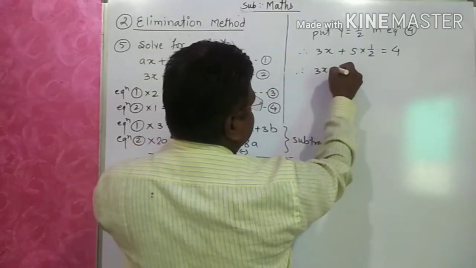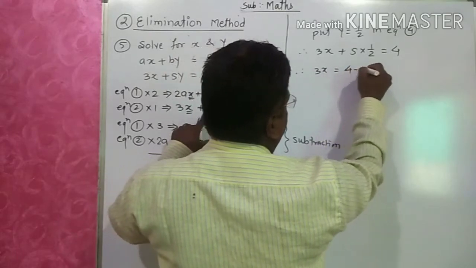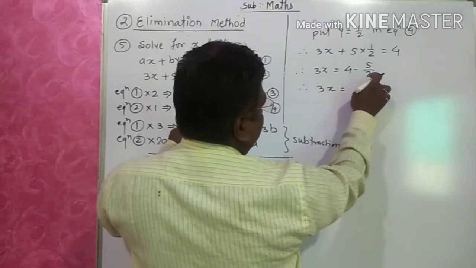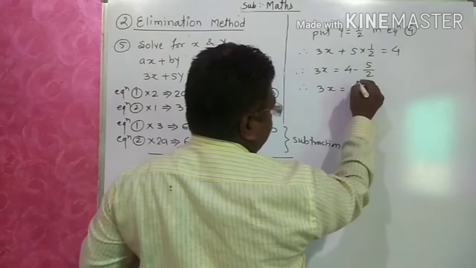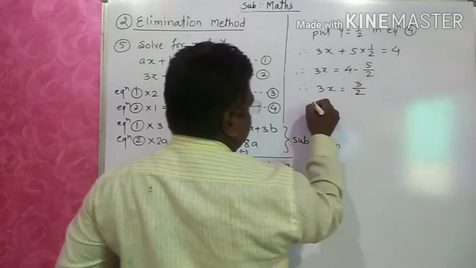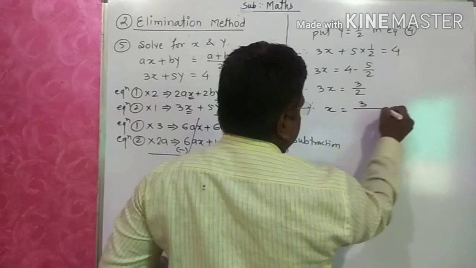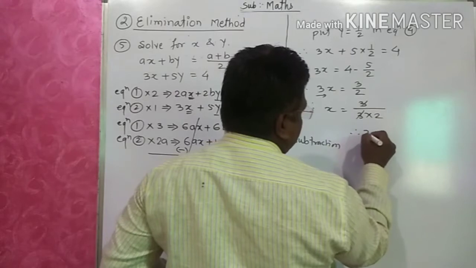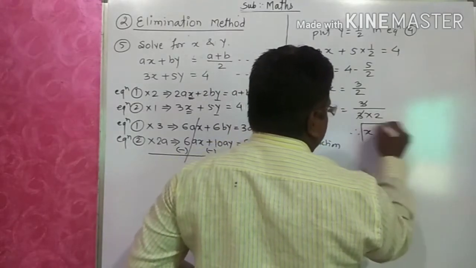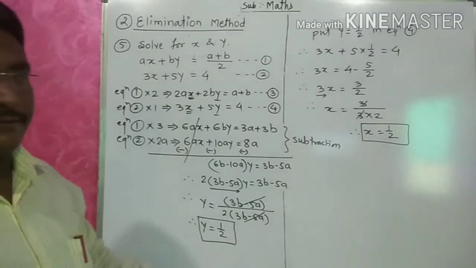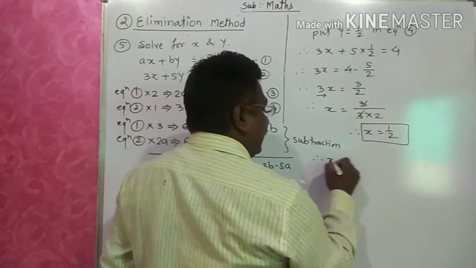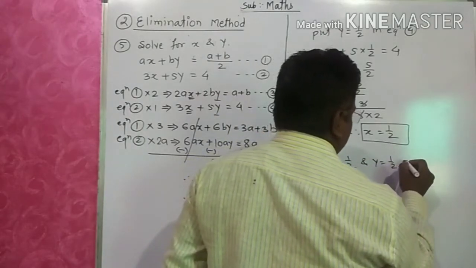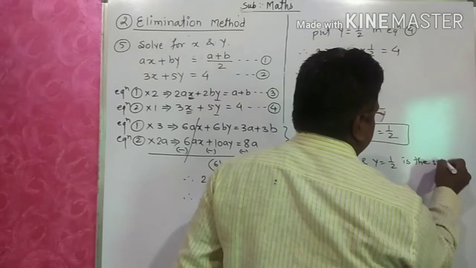So 3x equals 4 minus 5 by 2. 2 4s are 8, 8 minus 5 is 3 by 2. So x equals 3 by 2 into 3, the 3s cancel. So x equals 1 by 2. Therefore x equals 1 by 2 and y equals 1 by 2 is the solution.